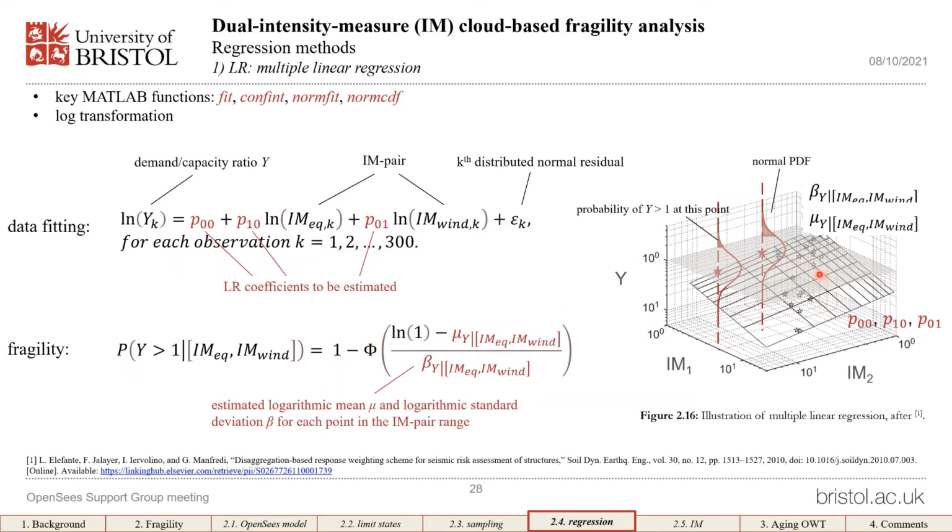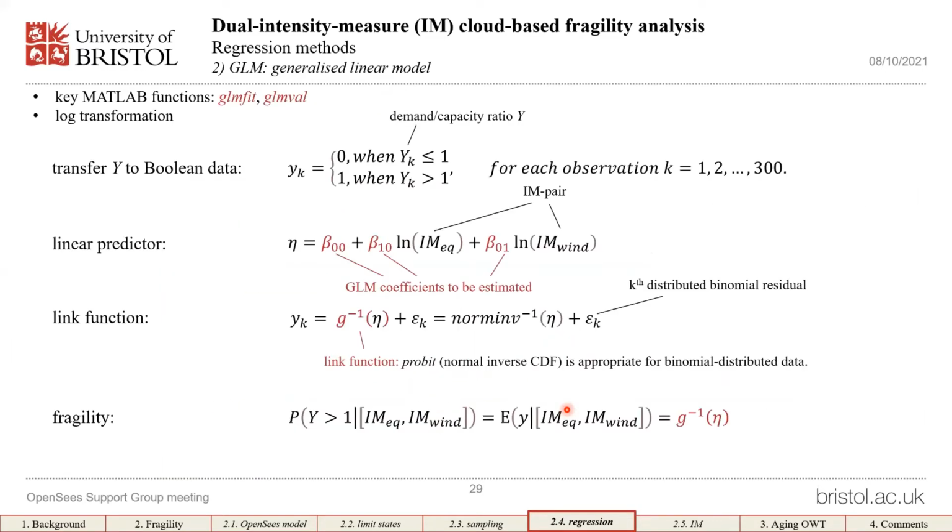For a given data set, which is, for our case, the observation of 300 Y and their corresponding intensity measures, a flat plane described by this linear equation can be fitted for these data, and the fitted surface would be associated to the information of the logarithmic mean of mu and logarithmic standard deviation of beta at each point on the surface. So then fragility can be calculated based on the standard equation.